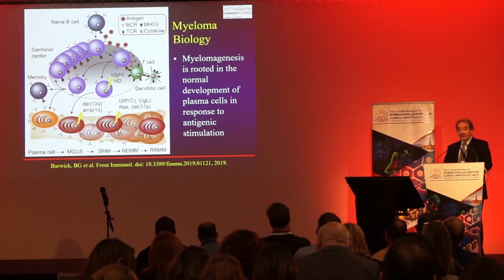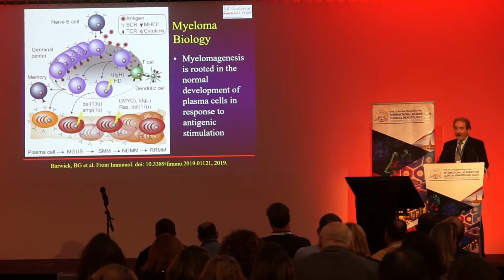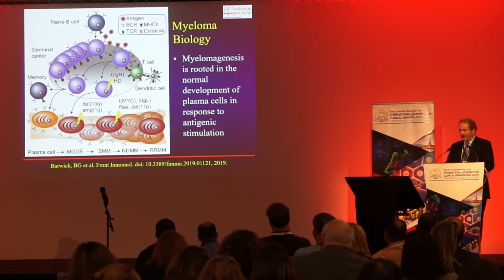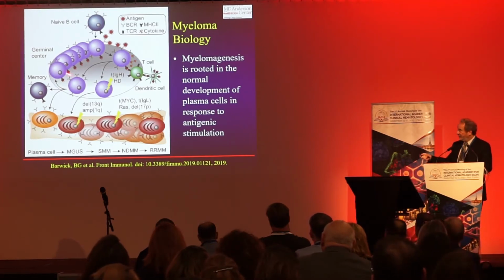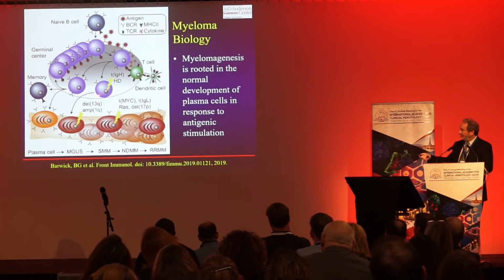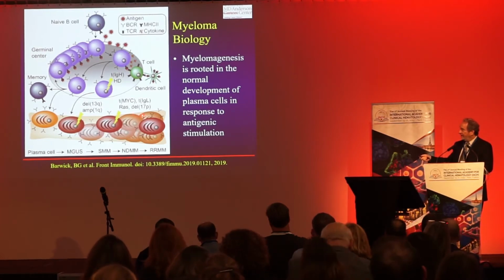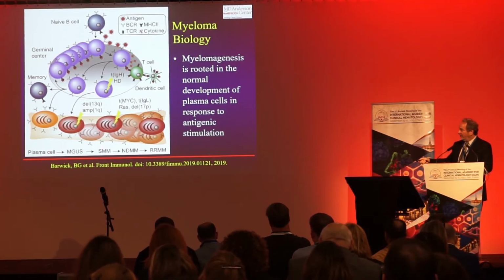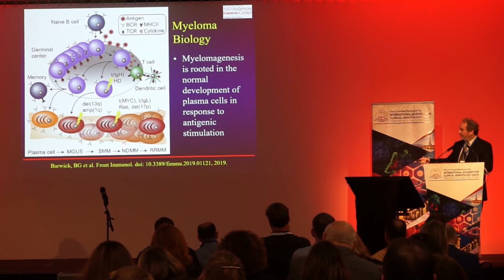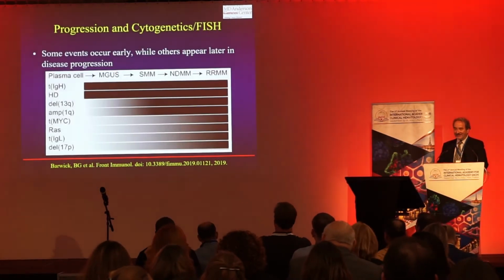We usually think of the immunoglobulin heavy chain translocations or hyperdiploidy as early events, and then later on you get other events occurring, which can be things like deletion of 13, amplification of 1q, and then there are later things that can occur, and typically you have MGUS followed by smoldering myeloma, newly diagnosed, and then eventually relapsed and refractory disease.